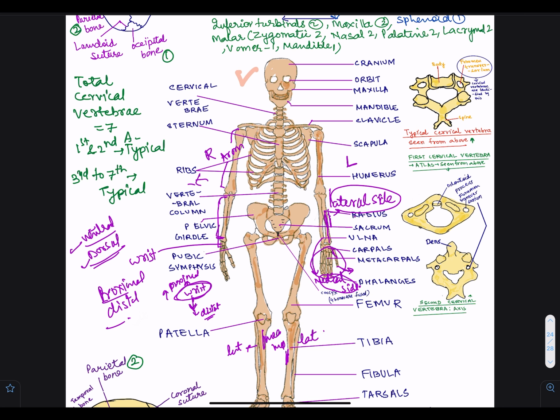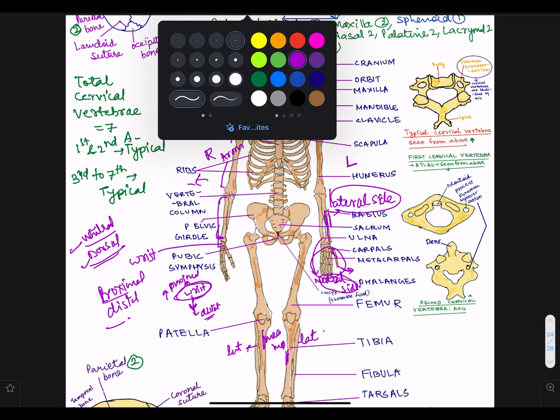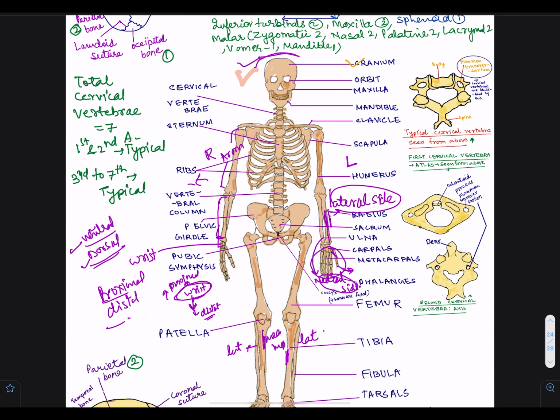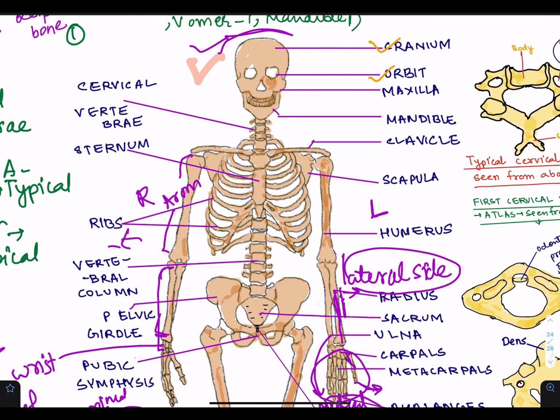Now, this upper part is known as the skull. The topmost part is known as cranium. Then the eye holes are known as orbits. Then this upper bone is known as maxilla. This lower bone is known as mandible.